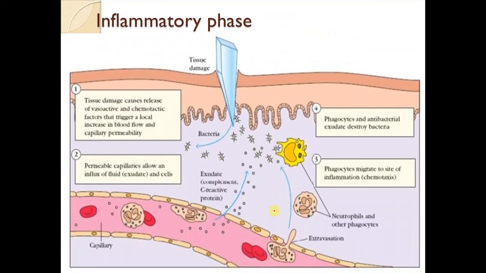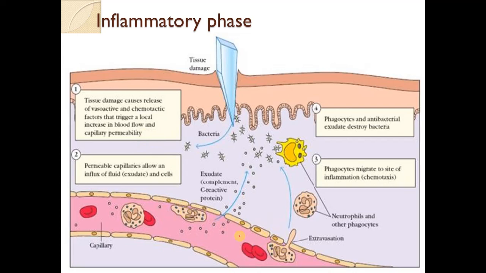Next comes the inflammatory phase. In the inflammatory phase, after the hemostasis, there will be release of vasoactive and chemotactic factors, which will cause the blood flow to increase in that site, and it will also increase the capillary permeability.